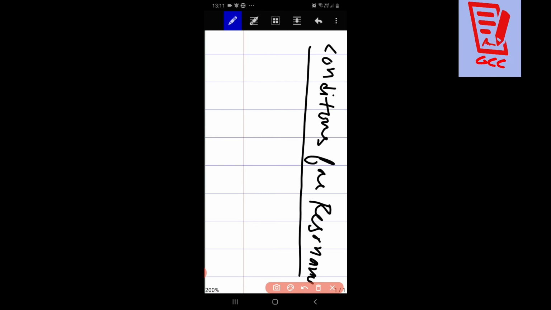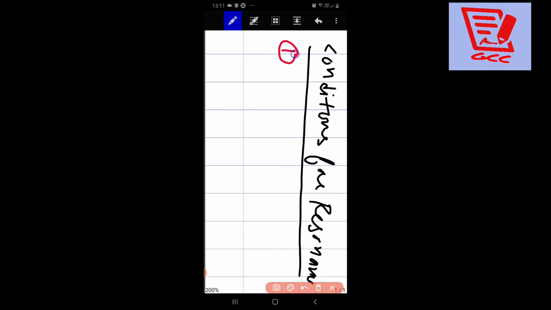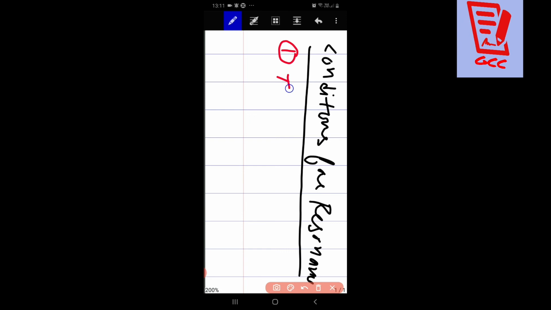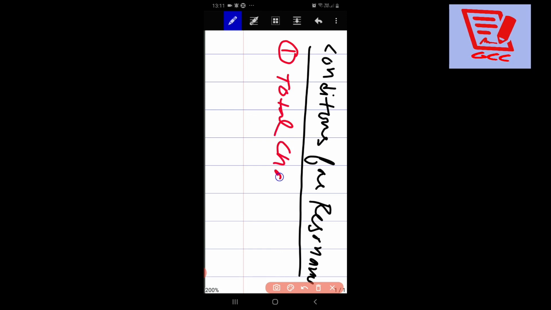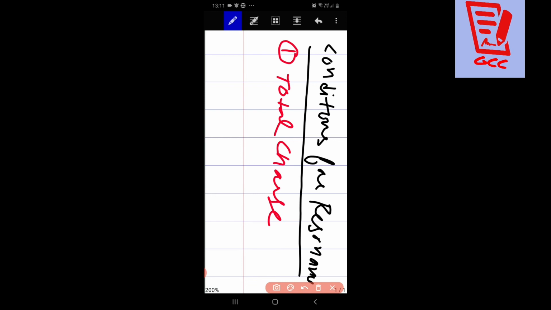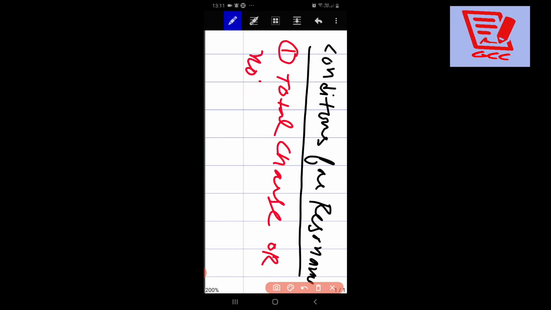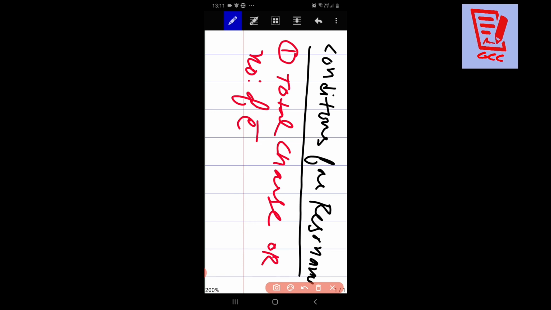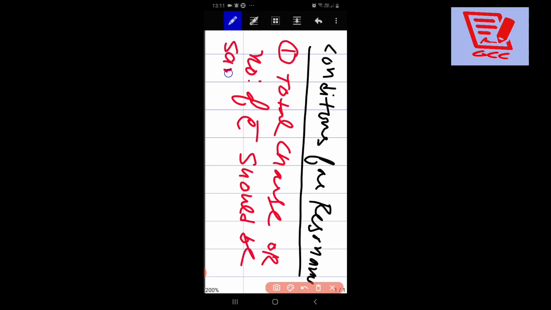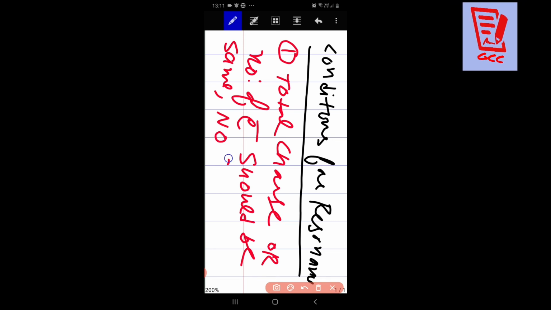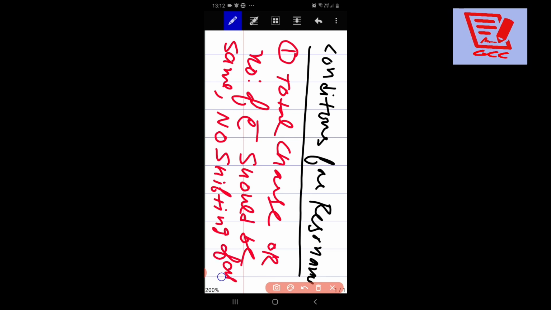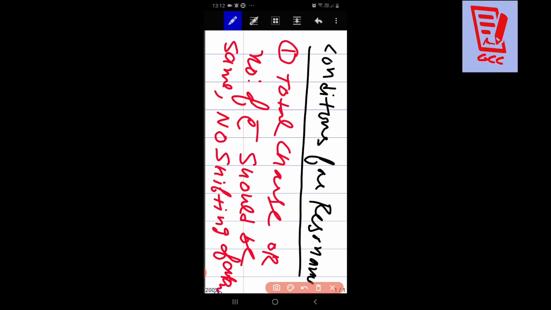Now you see, the first condition is this one, that total charge or number of electrons should be the same, comma, no shifting of any atom. Clear?